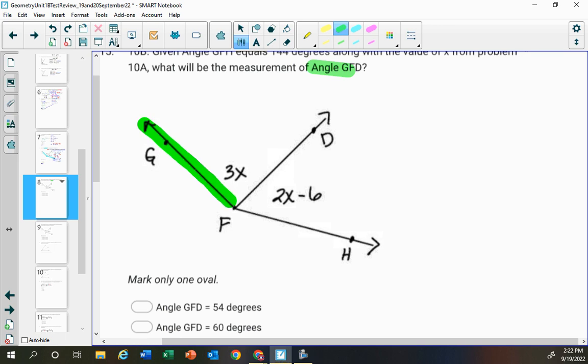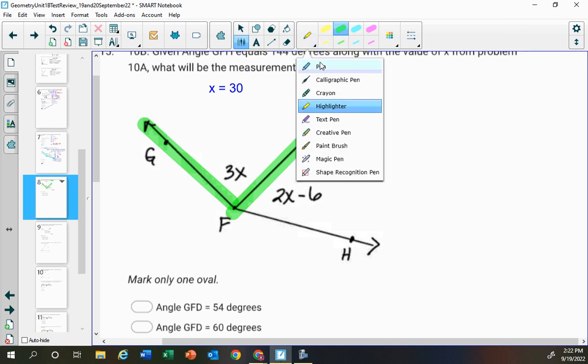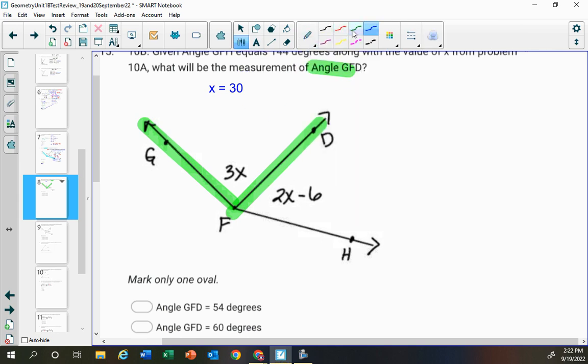Here's GFD. We also said, what was the value of x from the previous problem? x equals 30. Now it's just a quick plug it in.